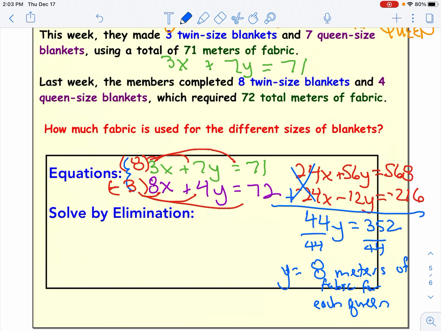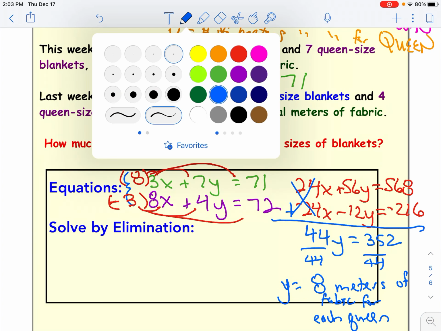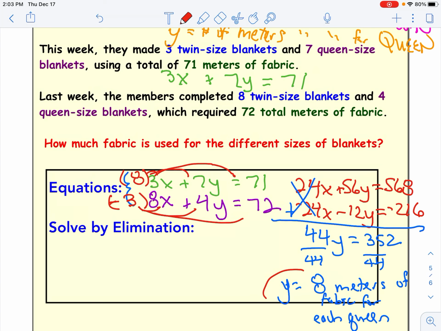So now how do I find out how many meters of fabric are used for the twin size? Well, now I take the y value of 8 and I plug it into one of the two original equations. So I'll just take the first equation, 3 twin size blankets times the number of meters used for a twin size blanket, plus 7 times 8, because 7 queen blankets were made and each one of them takes 8 meters of fabric, so a total of 56 there.